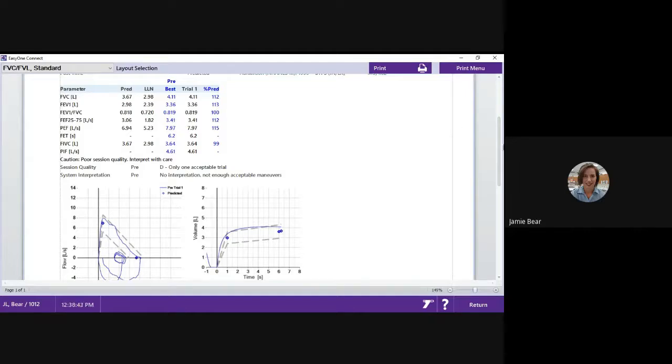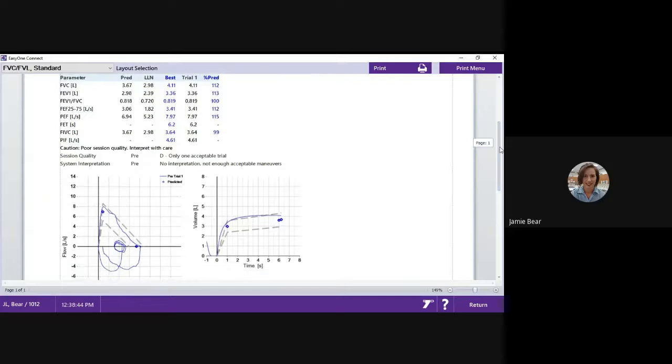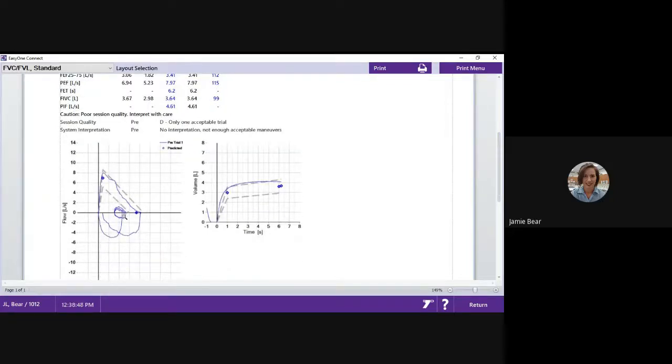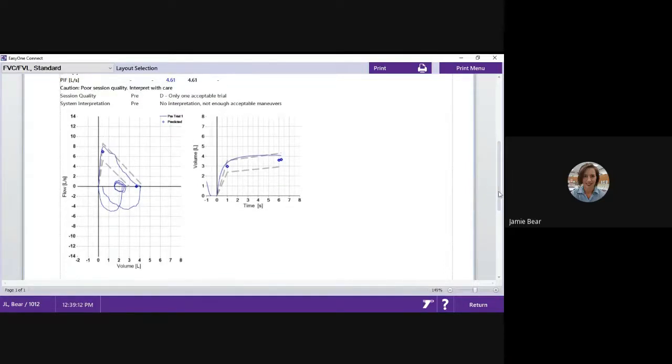Then also looking at my flow volume loop. These were my first 2 tidal breaths. Then on my third breath, I took a really big inhalation in and blasted all of that air out. Then I did another inhalation. This flow volume loop is graphing flow against volume.